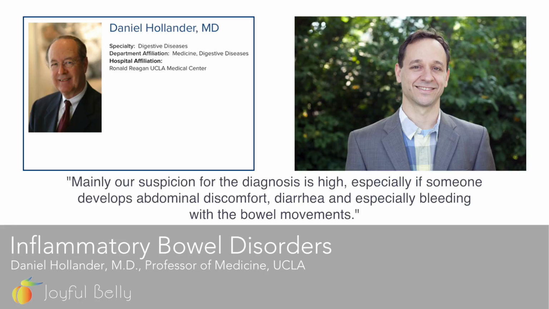And when we visualize it in Crohn's disease, we find, first of all, sometimes disease in the end portion of the small intestine, which we can reach with the colonoscope. That's number one. And in ulcerative colitis, we don't see any inflammation or changes in the end portion of the small intestine. The other one is that in ulcerative colitis, there is a more uniform change in the inflammation of the bowel, whereas in Crohn's disease, we see what we call skip areas. There's normal mucosa and then abnormal lining.